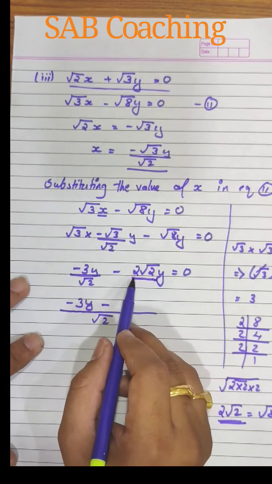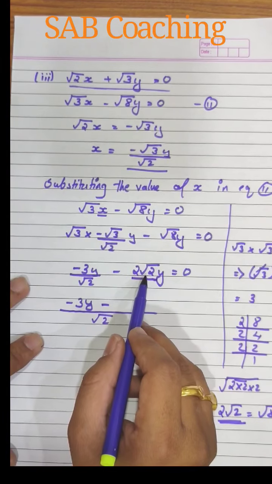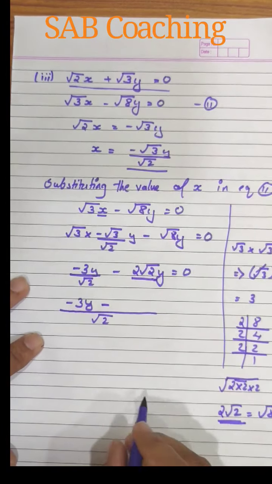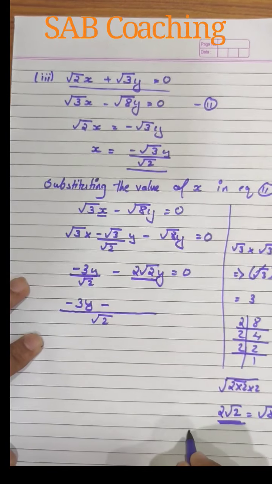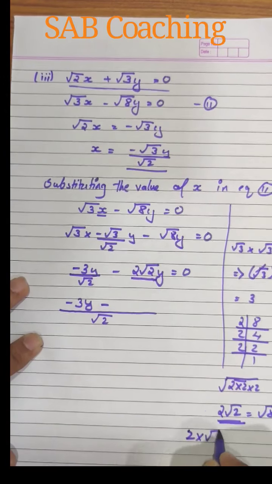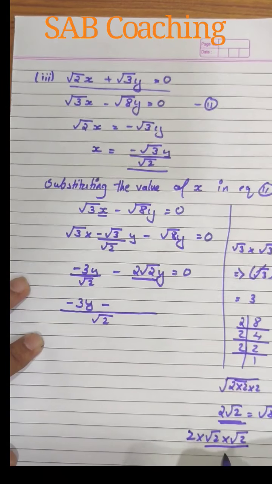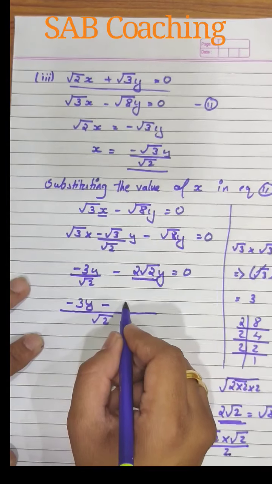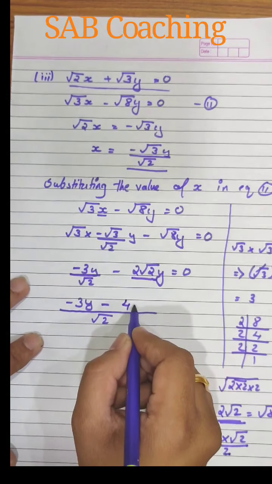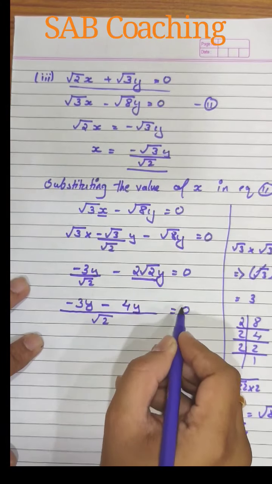So what you are going to get, 2 root 2 multiplied by root 2. 2 multiplied by root 2 multiplied by root 2. Once again root 2 into root 2 is 2. 2 into 2, that is 4. So the answer you are going to get over here is 4y equal to 0.